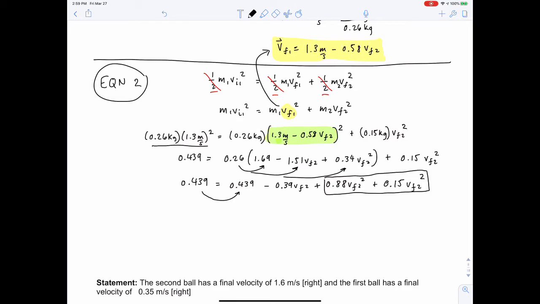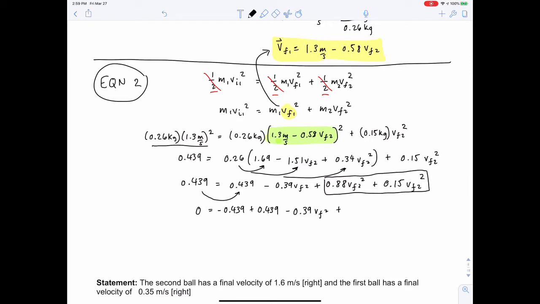When you do, remember, it'll become negative. You can see that 0.439 minus 0.439 will be 0. So we end up with 0 equals negative 0.439 plus 0.439 minus 0.39 VF2 plus 0.88 plus 0.15.